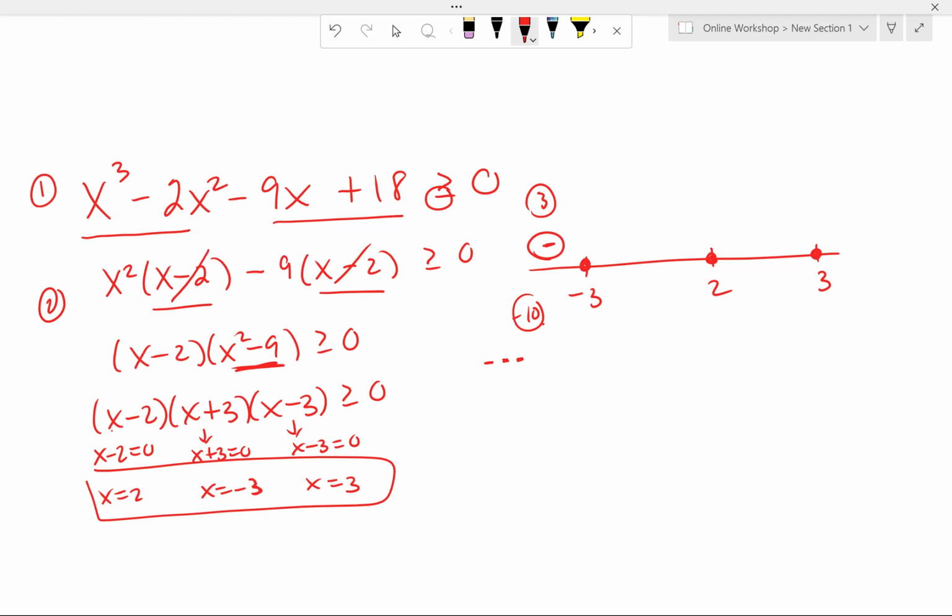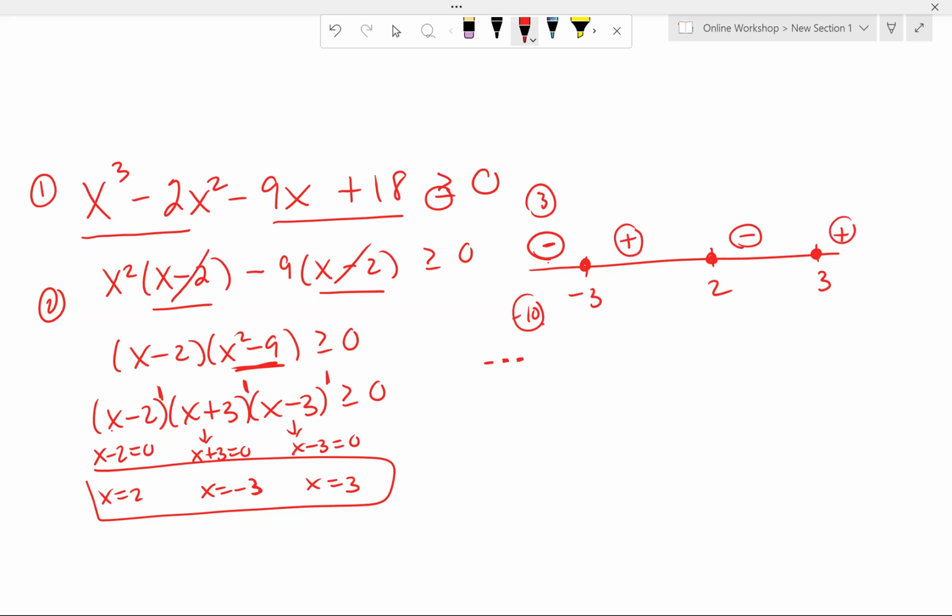Now, since these powers are all odd, they have a multiplicity that is odd. They all have a factor of just 1 here. That means all these critical points, they have to change signs. So if your first one is right, okay, it will go negative, positive, negative, positive.